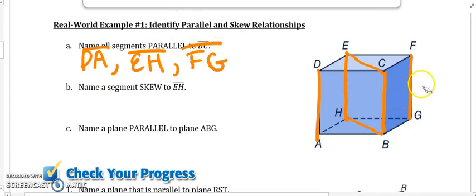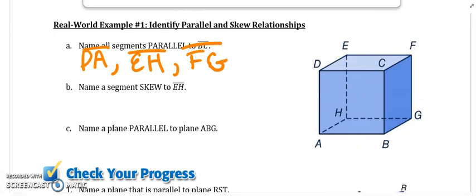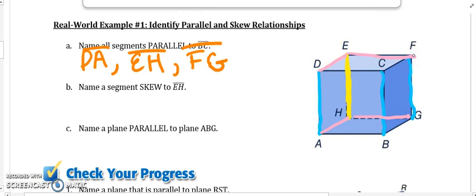The next thing we're going to do is name a line skewed to EH. So I'm going to highlight EH, and I want something skewed. Well, skew is not parallel and doesn't intersect. So I'm going to find all my parallel. Okay, it's none of those. I'm going to mark everything intersecting. So it's none of those.